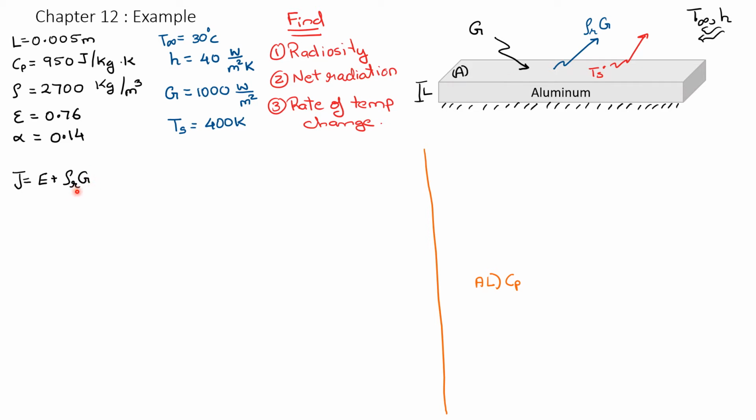So the portion of radiation that's reflected by aluminium. So our J will be equal to E plus rho_R times G. Our emission E will be epsilon times sigma, which is the Stefan-Boltzmann constant, times Ts to the power 4.